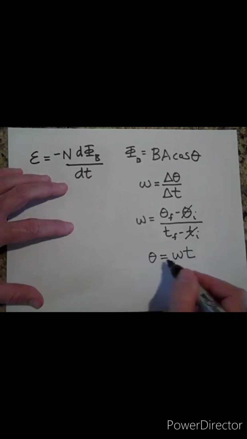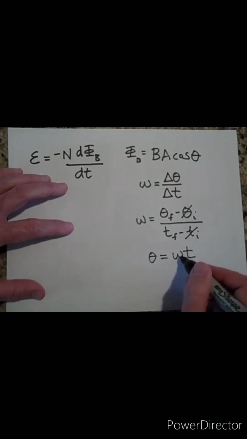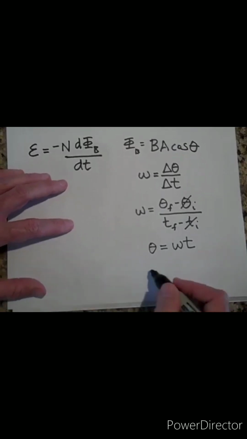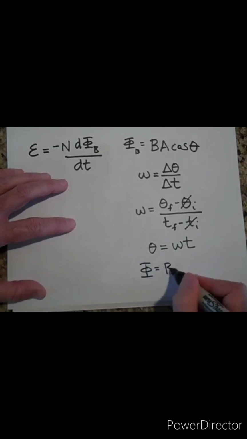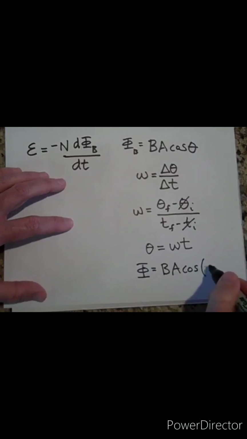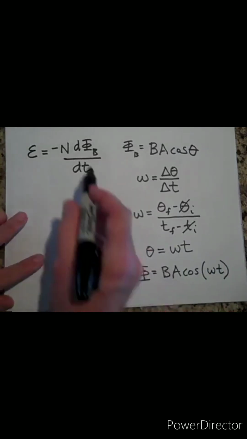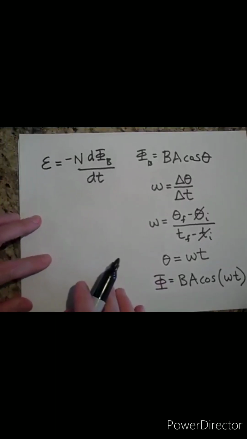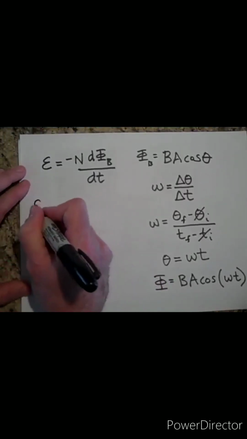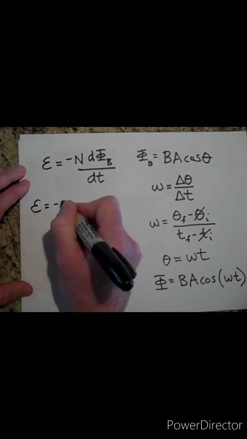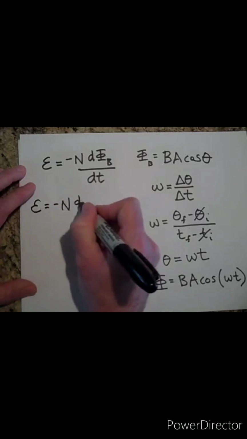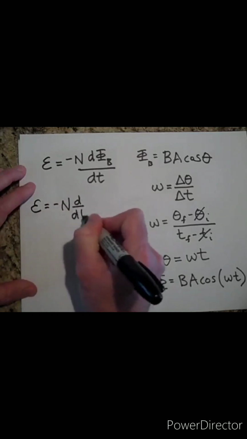Okay, so my flux is going to be equal to B times A times cosine theta. Here is the EMF, the derivative of the magnetic flux BA cosine omega t, so it's negative N, sine.